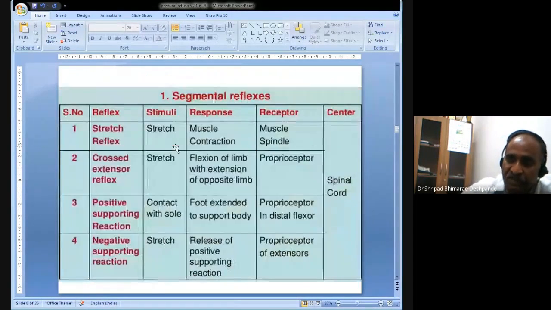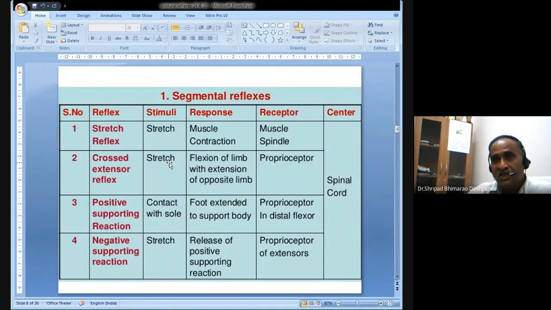Now, where were we? We just saw the segmental reflexes: the stretch reflex and the crossed extensor reflex, that means the flexion of the limb. The stimulus may not be stretch, it may be because of injury. Either stretch of the extensor group of muscles, or flexion of the limb with extension of the opposite side.